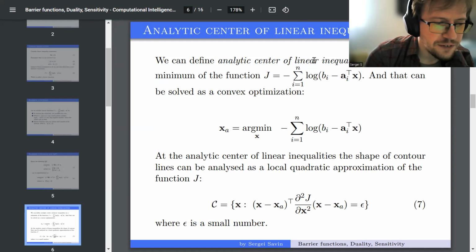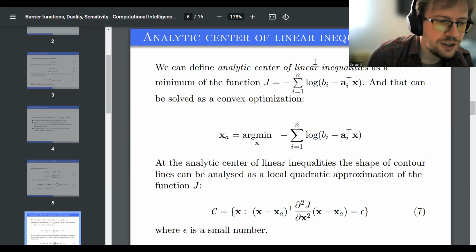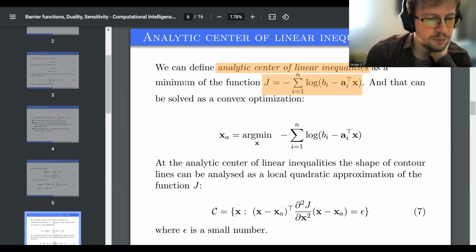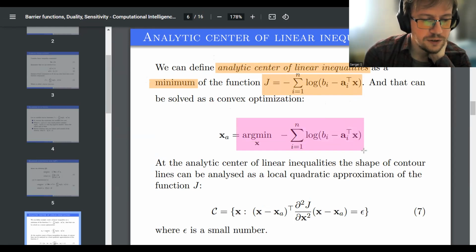We can define something called the analytic center of linear inequalities. The analytic center of linear inequalities is the minimum of the barrier function. We can solve this by solving this equation basically.